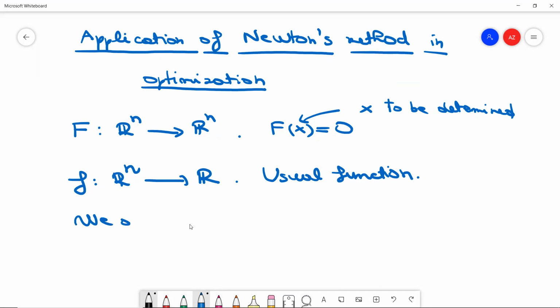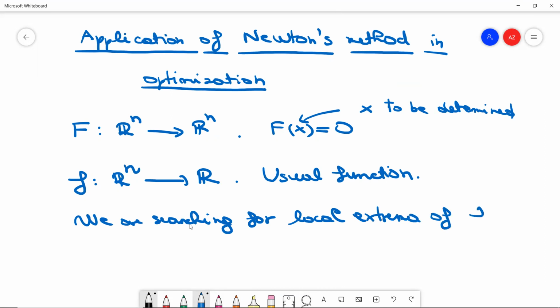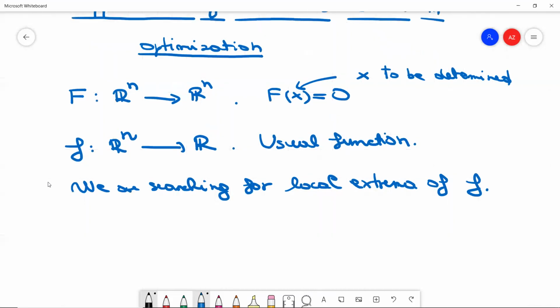We are searching for local extrema of this function. So not zeros. If we would like to find zeros, then we could use the tangent method. But we are searching for local extrema.